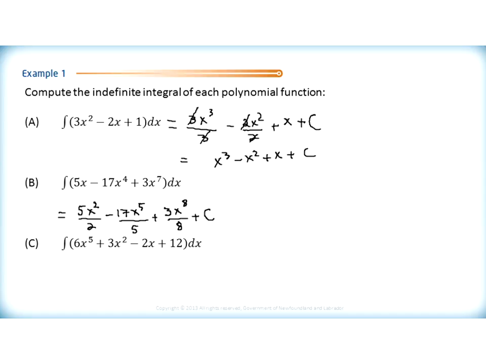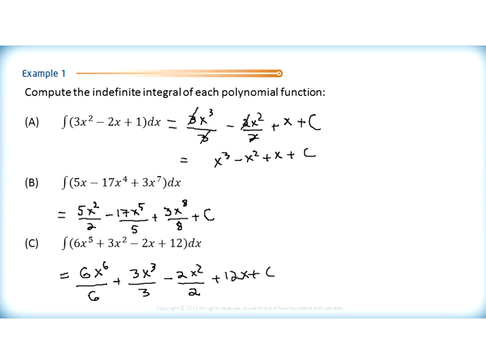All right, let's go after this. So we're going to have 6x to the power of 6 divided by 6 plus 3x cubed over 3 minus 2x squared over 2 plus 12x plus our arbitrary constant.